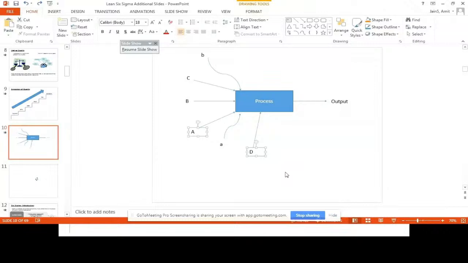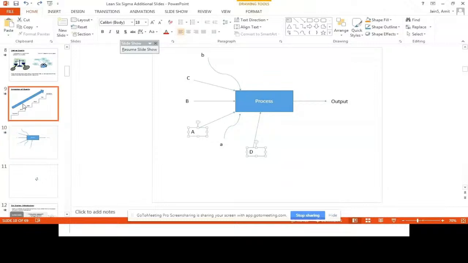So basically, the ask was to establish some sort of cause and effect relationship. What people wanted to find out is which of the control factors have impact on the output, which have strong impact, which have weak impact, and all this could be done through a technique known as design of experiment.